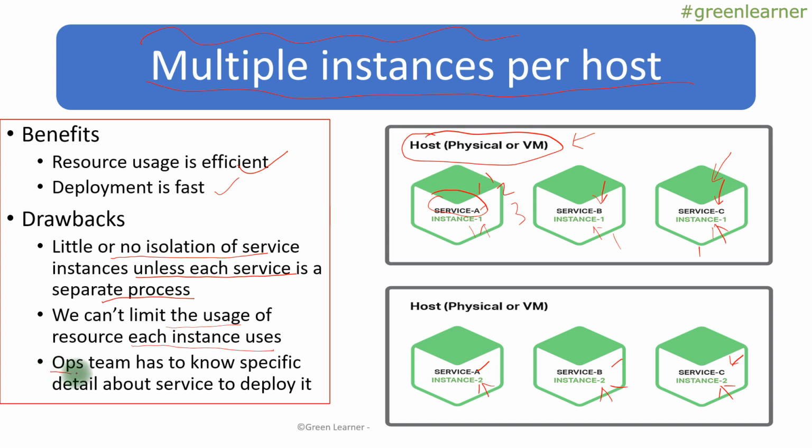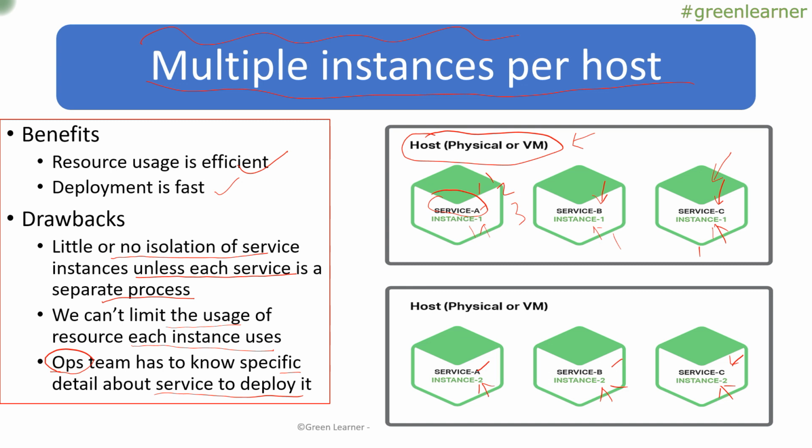The ops team, meaning the operations team, which takes care of the deployment process, has to know specific details about the service to deploy it. What do I mean by specific details? In which language the services are written, how to deploy them, what the commands are. These are the specific things the ops team has to know, and it's very difficult, right?